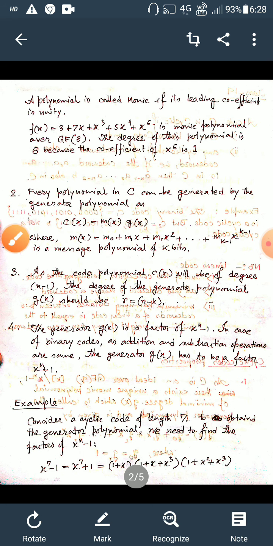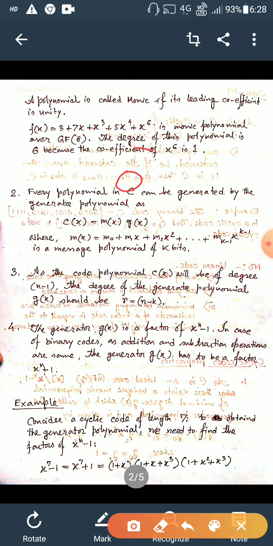Now, if you subtract using the binary form, let this be 0 and this be 1. If you subtract 1 from 1, the result will become 0. From 0, if you subtract 1, the value will again become 1.